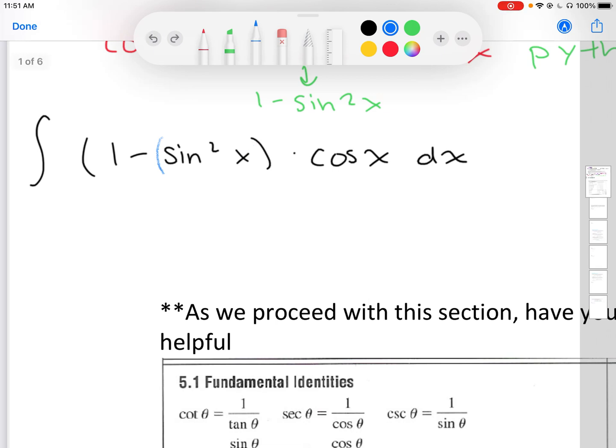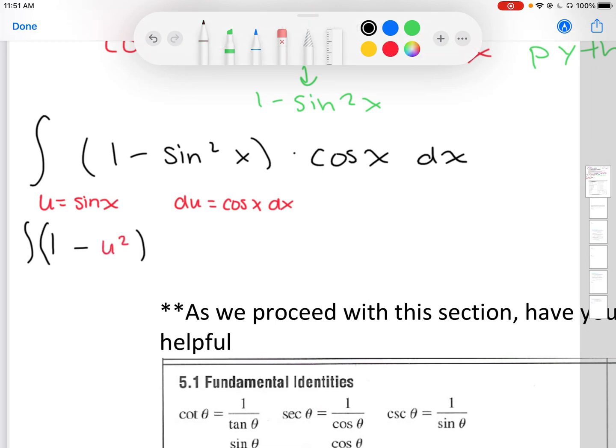Now I'm emphasizing this because in the beginning I had labeled something else as a u, but that was a totally different setup for the integral that we were thinking of. Okay, so we're going to let u be sine of x, since that's our quantity squared, and the derivative of sine is cosine of x dx. Let's use that u substitution. So we have our integral of 1 minus u squared, times cosine dx, which we said is du.